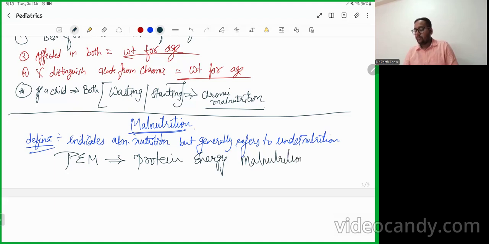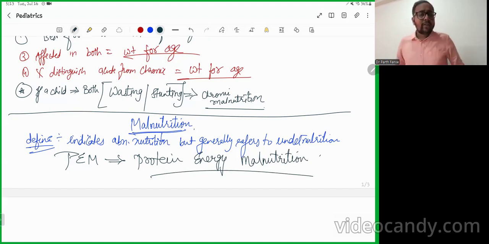It is also called to be what? Protein energy malnutrition. What is malnutrition also called? Protein energy malnutrition. And this is an indication of abnormal nutrition, but generally refers to undernutrition. Am I done with this thing?